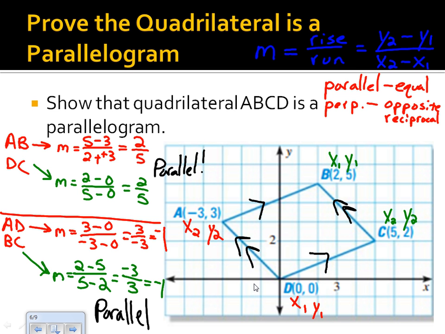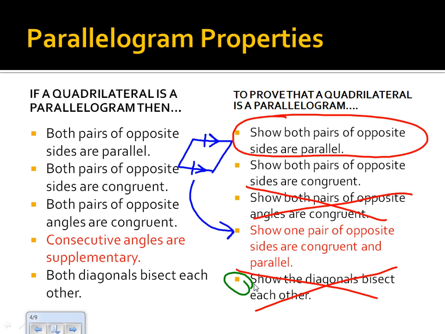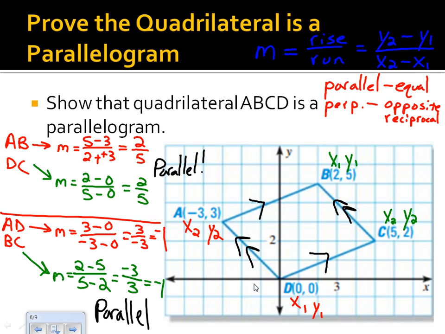So you could prove that the distances were equal. That's another way to do it. Or the combo. You could do one pair, but you have to show that they're both parallel and congruent. So in that case, you could have done just the top one. You could have done the parallel lines, and then you also could have found the distance for the top one. Okay? So go back to your properties and make sure you just choose one of them.